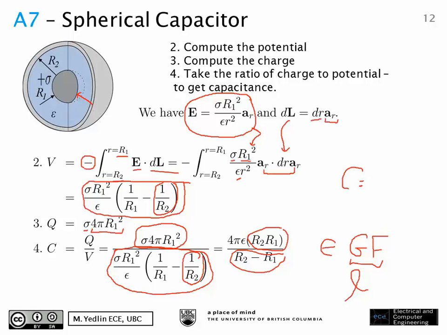C will be equal to 4 pi epsilon multiplied by R1. We could see that because if R2 is very large, we basically just cancel out the R2's here. You got infinity over infinity, so that's 1. You don't care about this, and you're left with this result. 4 pi epsilon r1 is the capacitance of an isolated sphere.